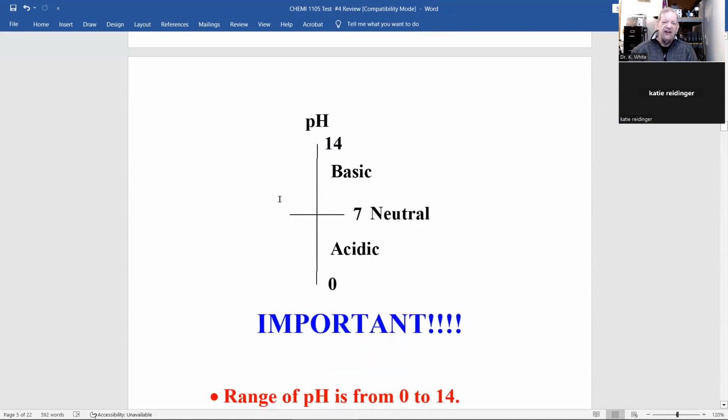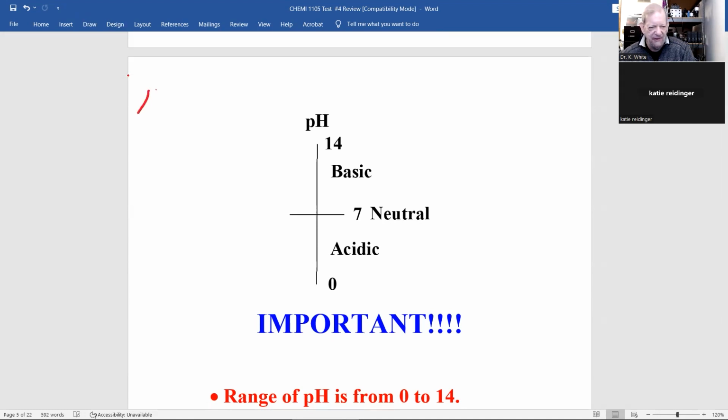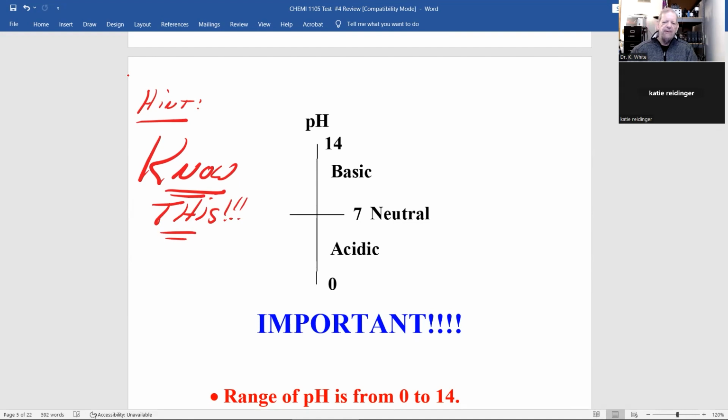Notice I say important, and let me make it even more clear. Know this: the pH scale goes from 0 to 14, never less than 0, never greater than 14.